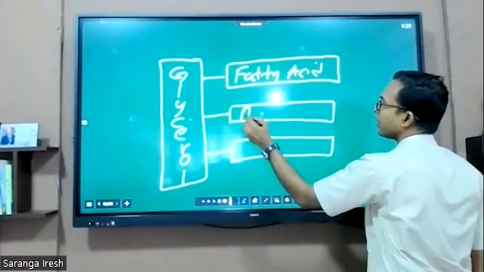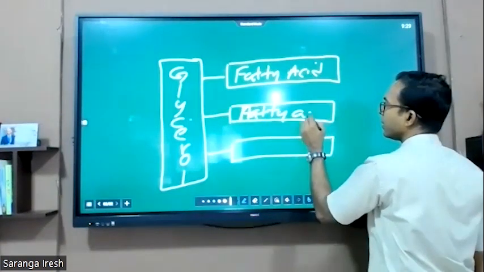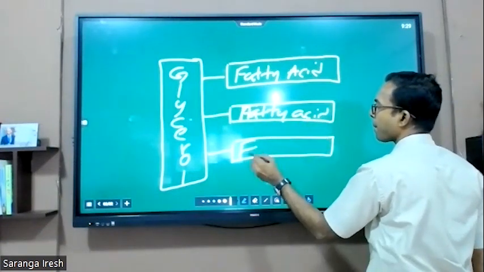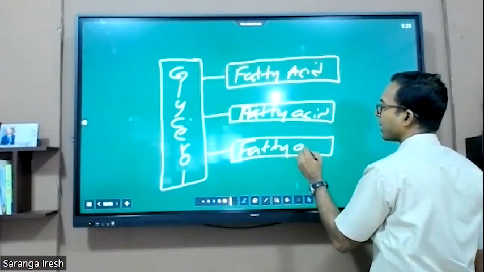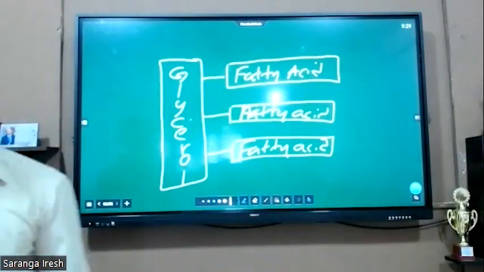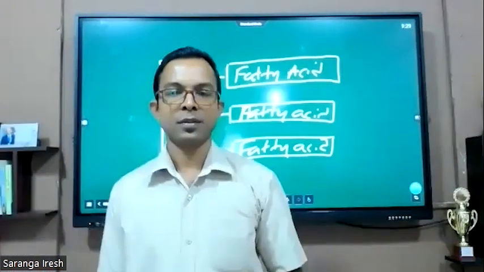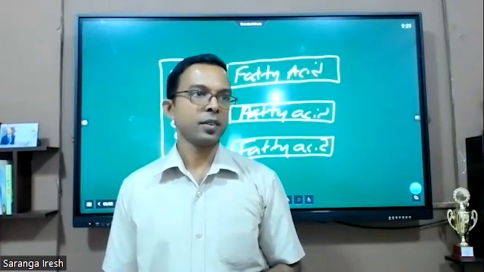That's a fatty acid, a fatty acid, a fatty acid. Three fatty acids are connected to the glycerol molecule in triglycerides.